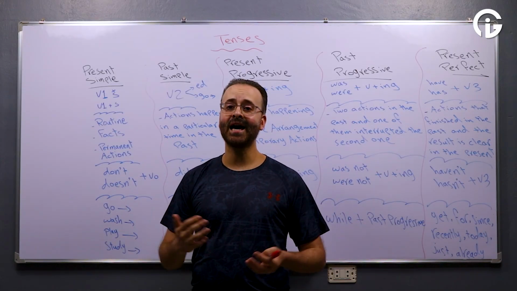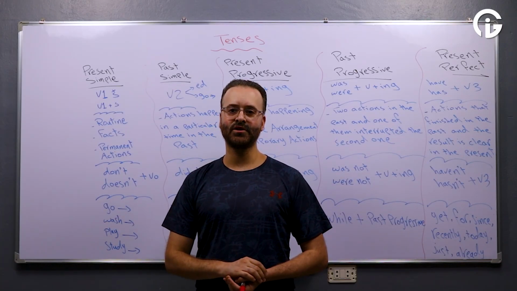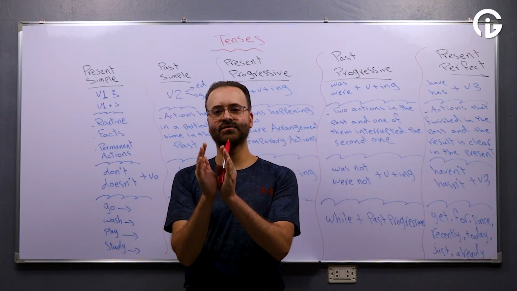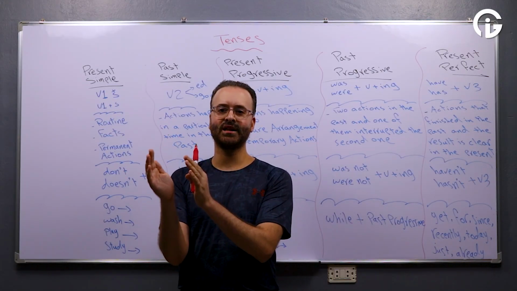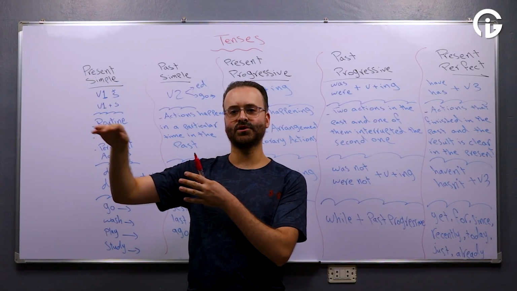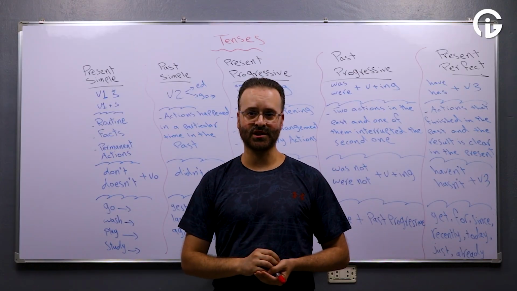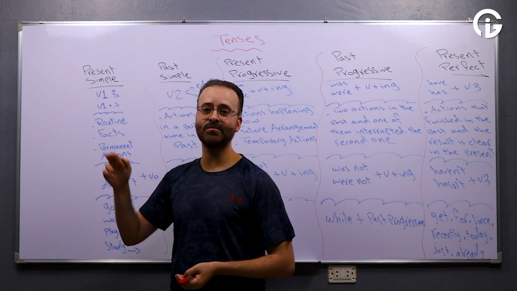I can say, I am living with my parents. If you say, I am living with my parents, it means you live with your parents for example on Thursday and Friday, and the other period of the week you live in another house. So this is what we mean by permanent action.